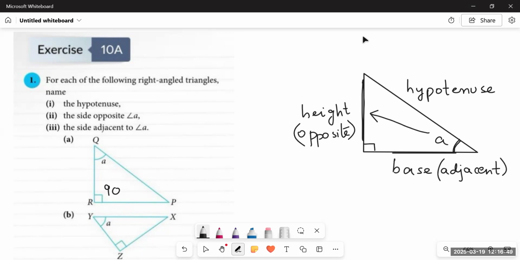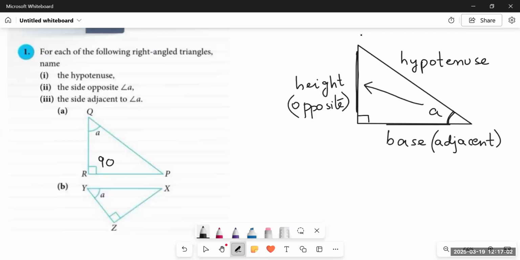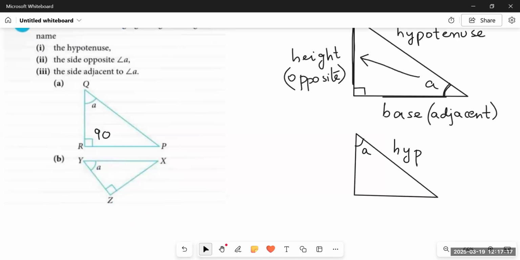And why do we need to find it? Because we have to figure out which formula we are going to use, sine, cosine, or tangent. So if we talk about another triangle where we are provided with the angle over here, this would be the hypotenuse, and I will write it down as HYP.